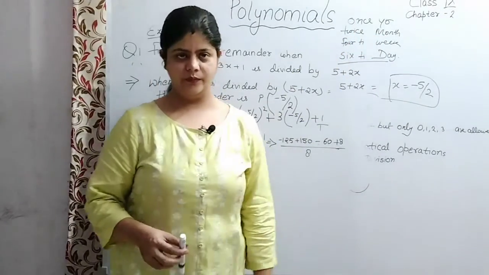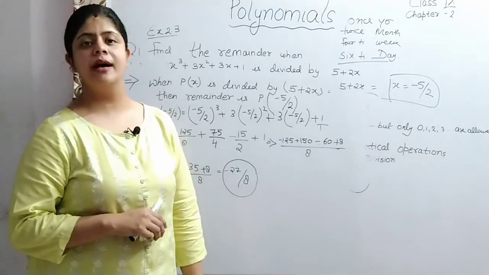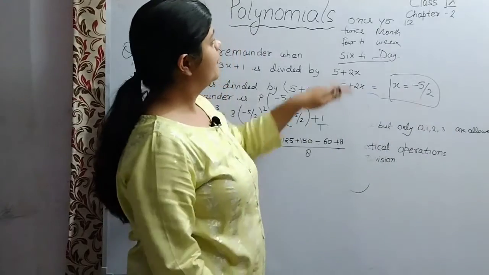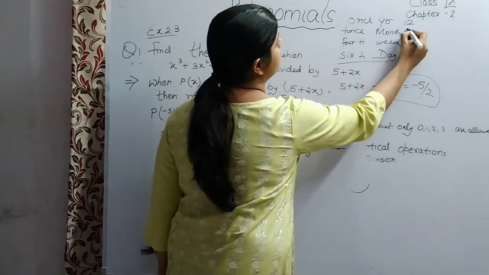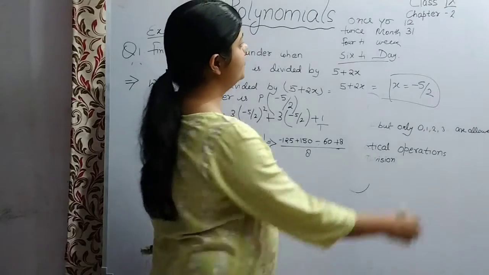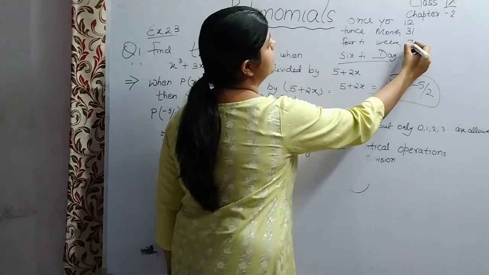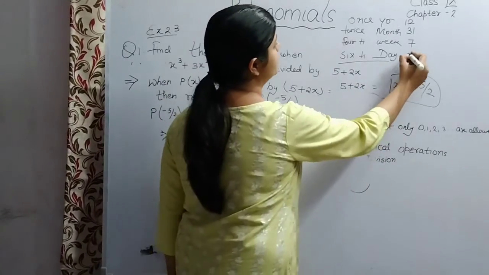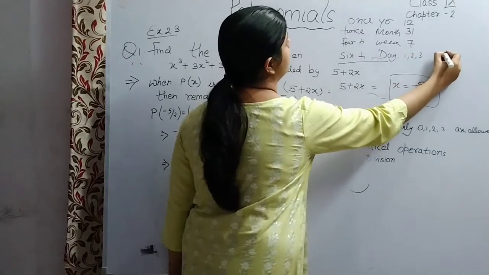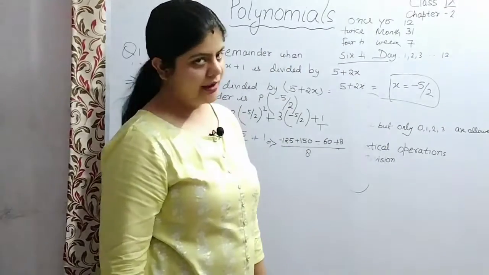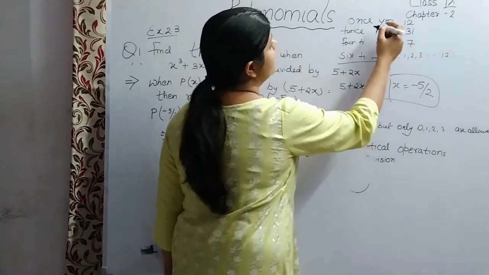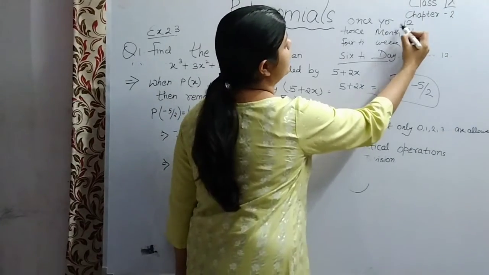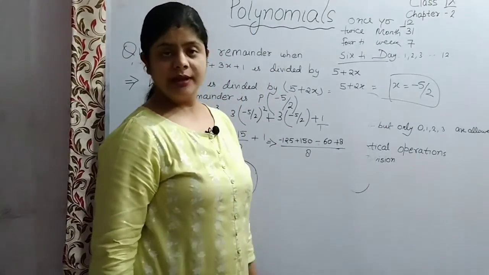Once in a year: in a year we have 12 months. In a month we have 31 days. In a week we have 7 days. In a day we have 1, 2, 3, like 12 on our watch. So once in a year means an odd number. 1 is an odd number and 2 is an even number.